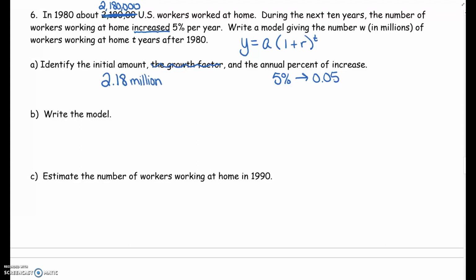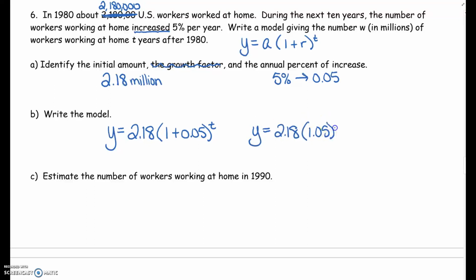Now we need to write the model. Our starting amount is 2.18 million times (1 plus 0.05) raised to the t. If you want to leave it like that, that's totally fine. If you want to simplify it so that it says 2.18 times 1.05 to the t, that works too.